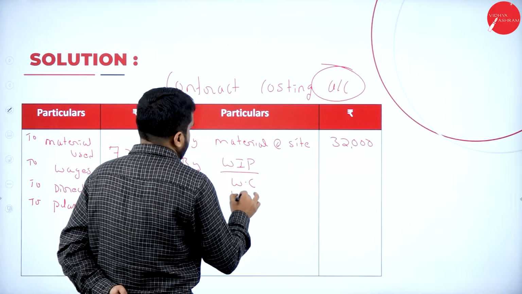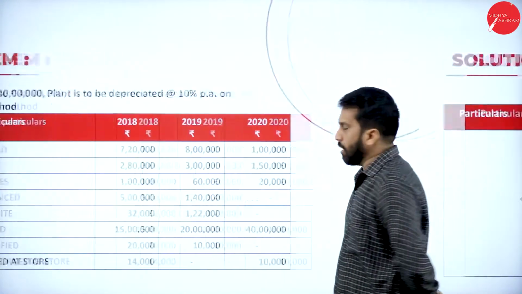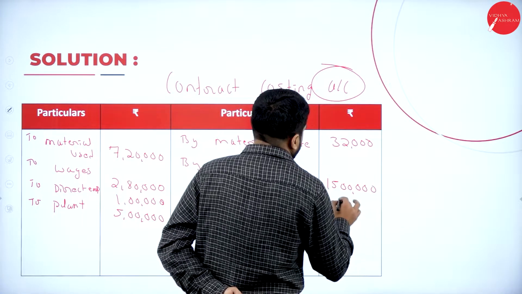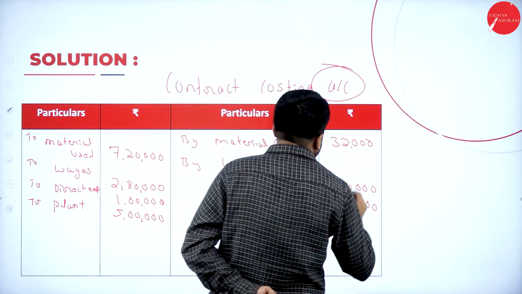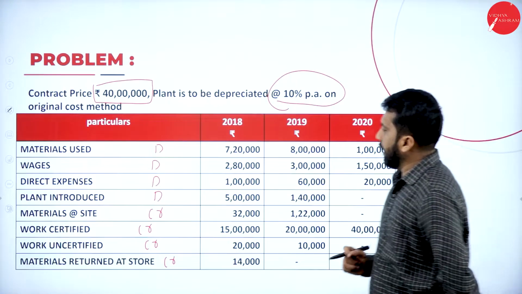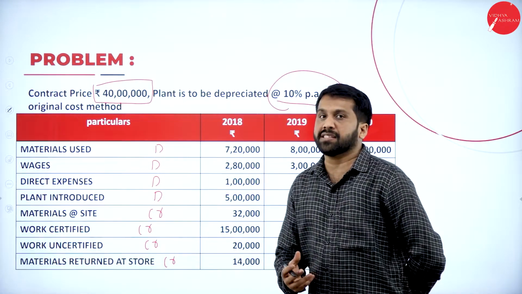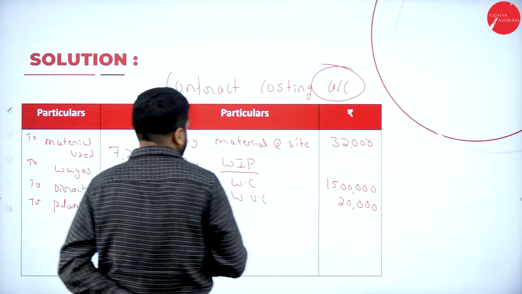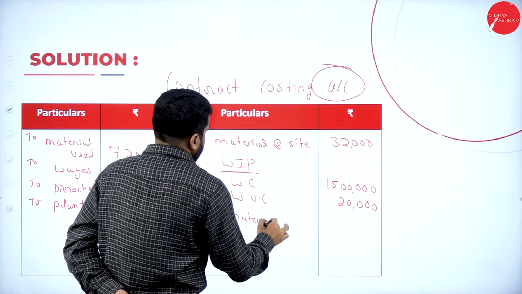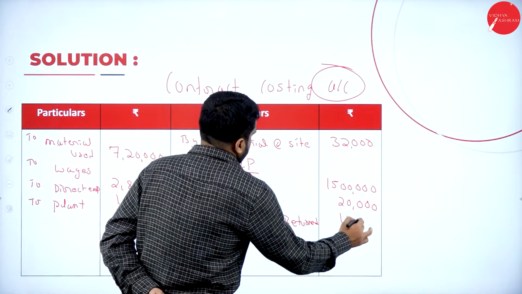It will be 15 lakh and 20,000. So these are the informations we got. After that, we have material returned at store. Material returned, which side? Credit side. 14,000.